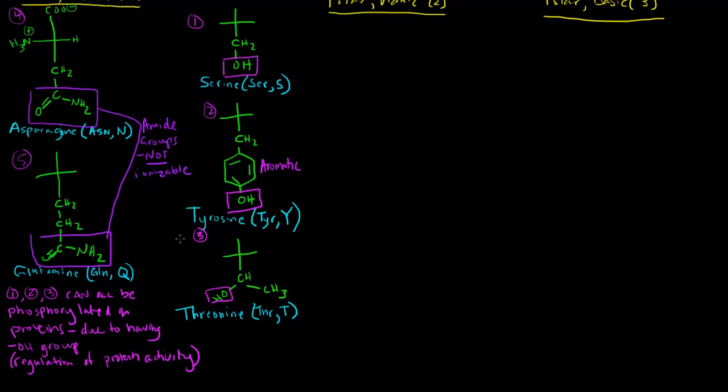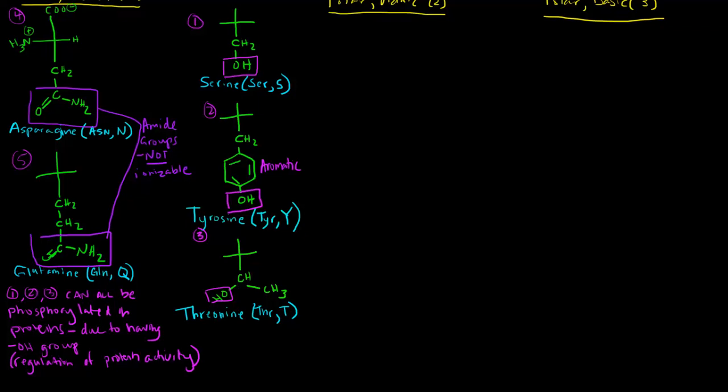And something that we learn in biology, biochemistry, just in science in general, is that structure determines function. If we alter the structure of a protein, chances are we're going to alter its function. So phosphorylating a protein could make it more active, less active, or totally inactive, whatever it may be. So it's important to keep that in mind for these 3 different amino acids. So that's 5 of the 6 polar neutral ones.